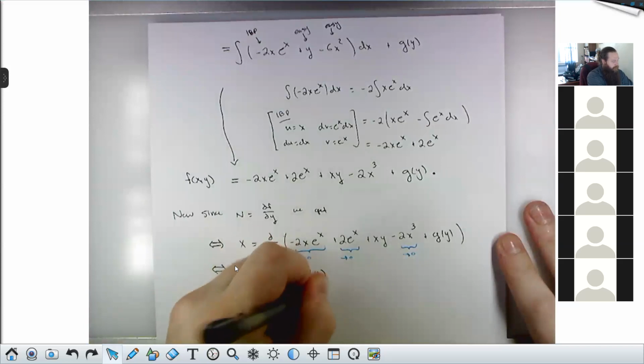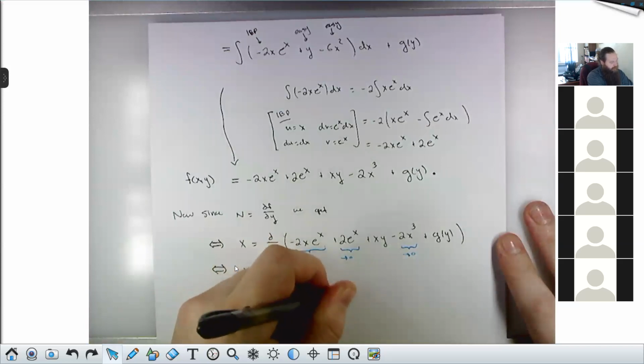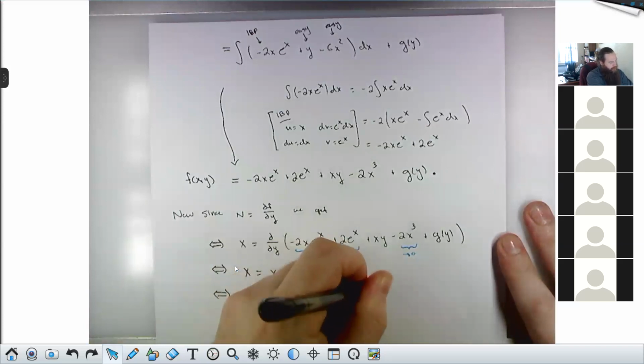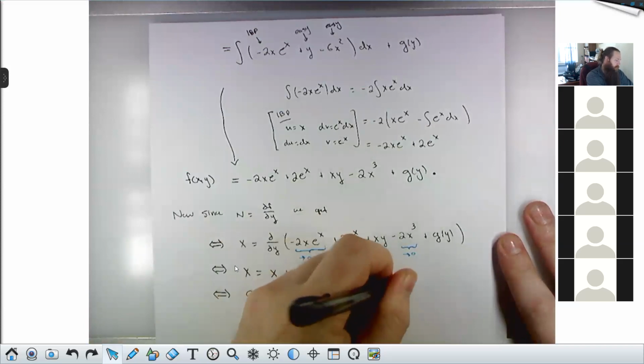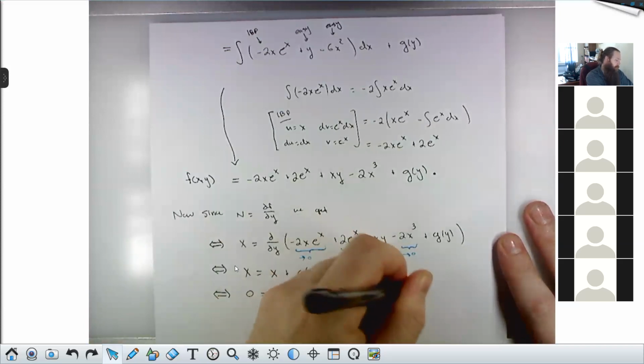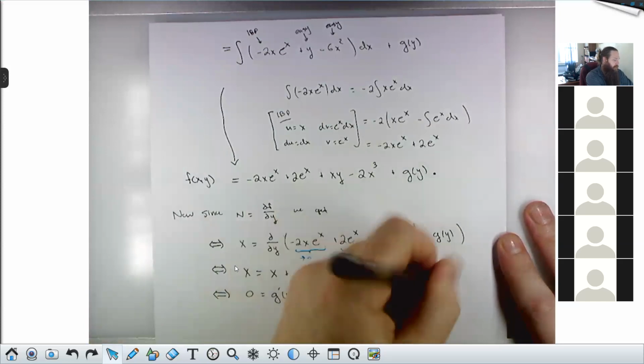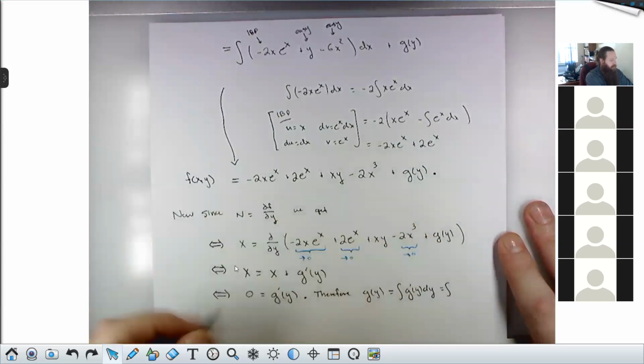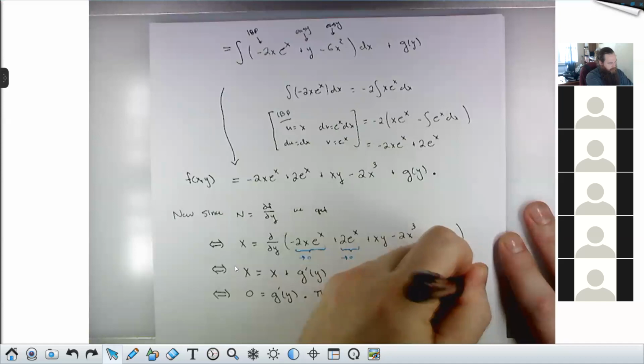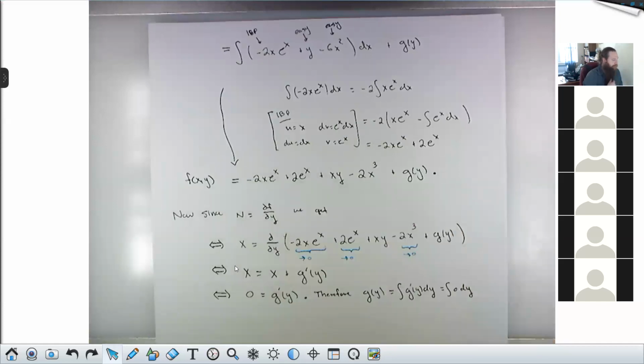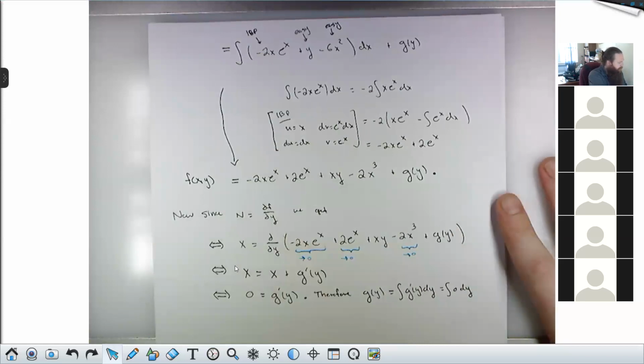Therefore, g of y, which is the integral of g prime of y dy, is the integral of 0 dy. And what's the integral of 0? 0. 0, yeah. Sorry, what is this?